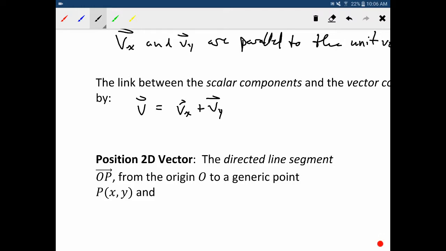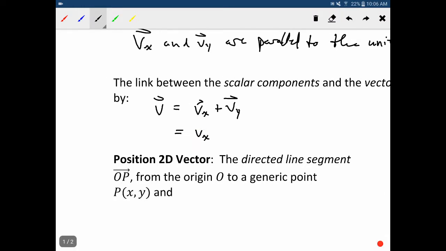What's more, if we take the magnitude of Vx, which is not the vector, and multiply that by i, which is the unit vector, and add the magnitude of Vy times j, this will give us the vector Vx, Vy.